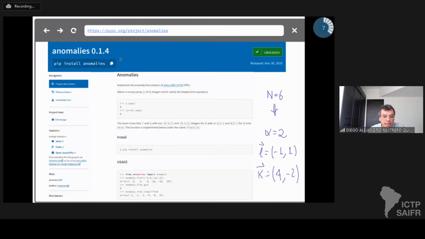To implement this method, we created a Python package that can be installed like a normal Python module.